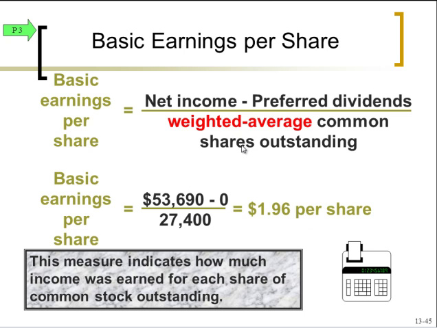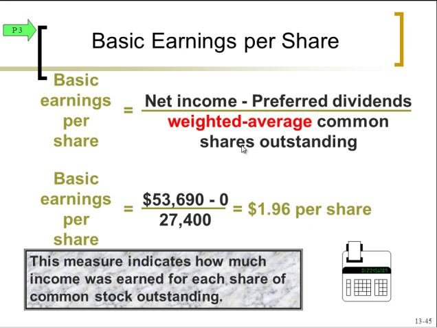Now, in this example, we basically said we had 27,400 shares that were outstanding throughout the year. In many companies, that's going to be what it is. You're going to have a certain number of shares just outstanding all the year. The weighted average portion means that you have to weight it based on the percentage of the year that that particular number of shares was outstanding.